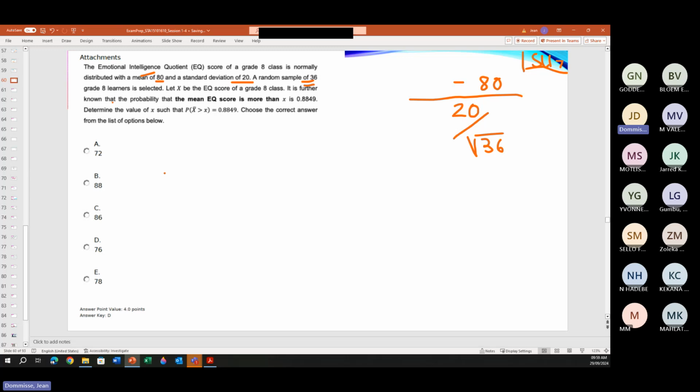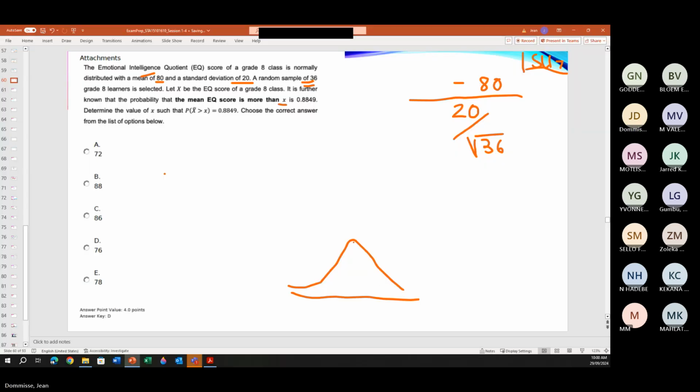It is further known that the probability that the mean EQ score is more than X is 0,8849. Okay, so more than X. Let's just read this.